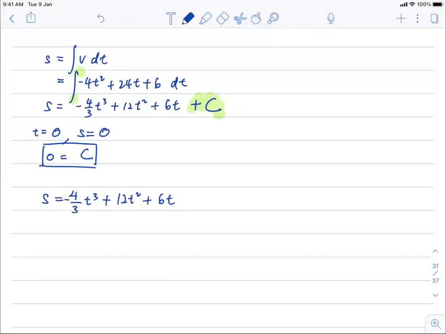We want to find the displacement when time equal to 6. So when t equal to 6, s is equal to negative 4 over 3 times 6 cubed, plus 12 times 6 squared, plus 6 times 6. The final answer is 180 meters.